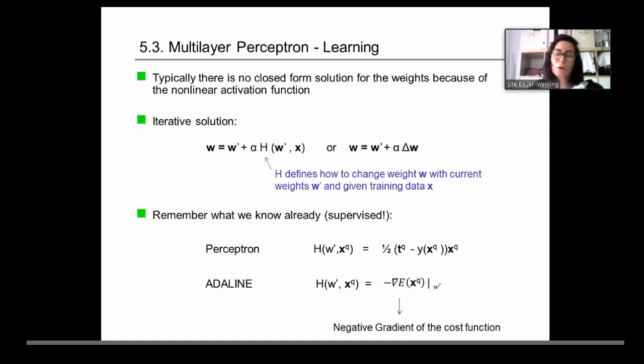Combine Oja's learning algorithm and perceptron? Yes. You can first do a linear layer that's trained unsupervised, and then you could do the rest of the training supervised.